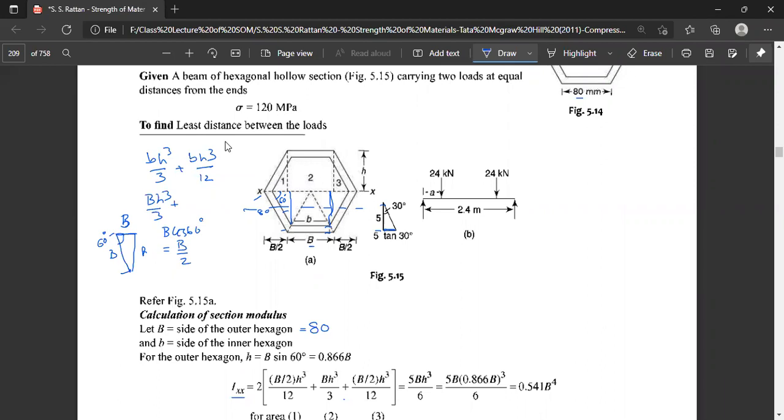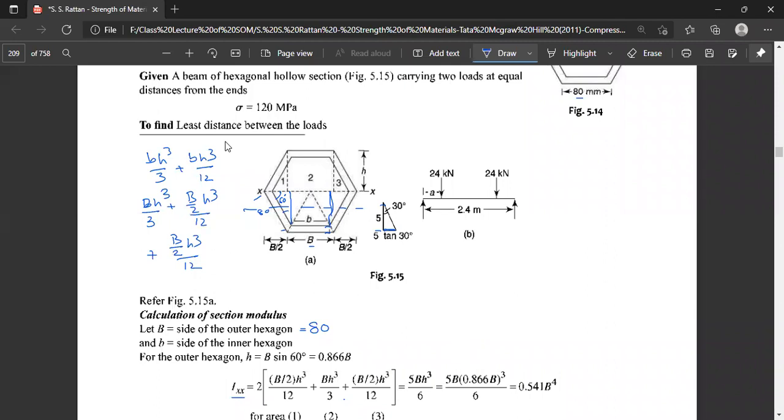And thus this equation becomes bh cube divided by 12, plus b by 2 into h cube divided by 12, plus, for another triangle, b by 2 h cube divided by 12.